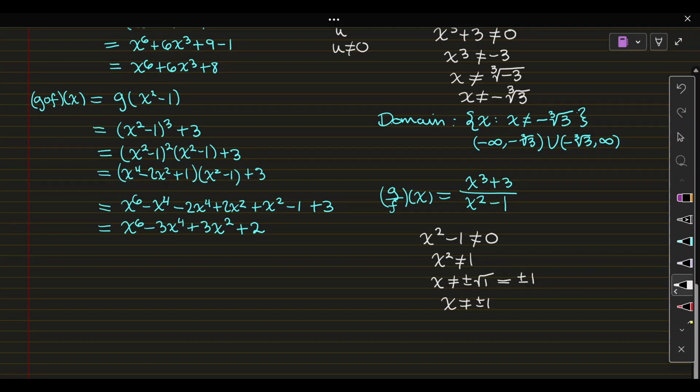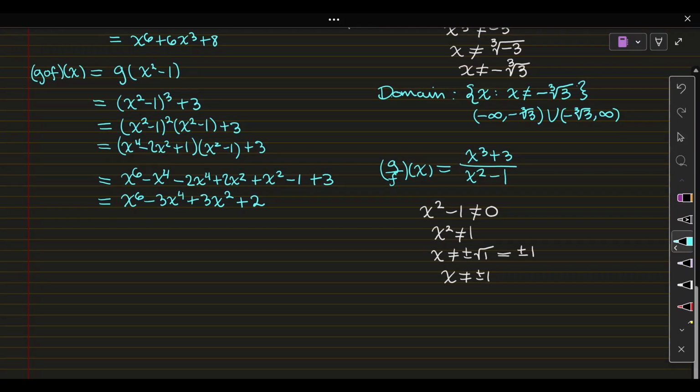right? So my domain is going to be, I can think of it as the set of all x such that x is not equal to plus or minus 1. Or I can think of it as everything from negative infinity up to negative 1, not including negative 1, along with everything strictly between negative 1 and 1, along with everything that comes after 1.